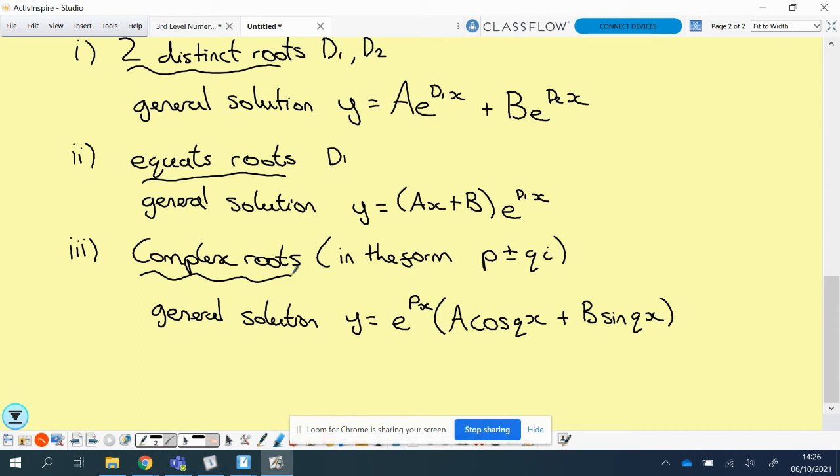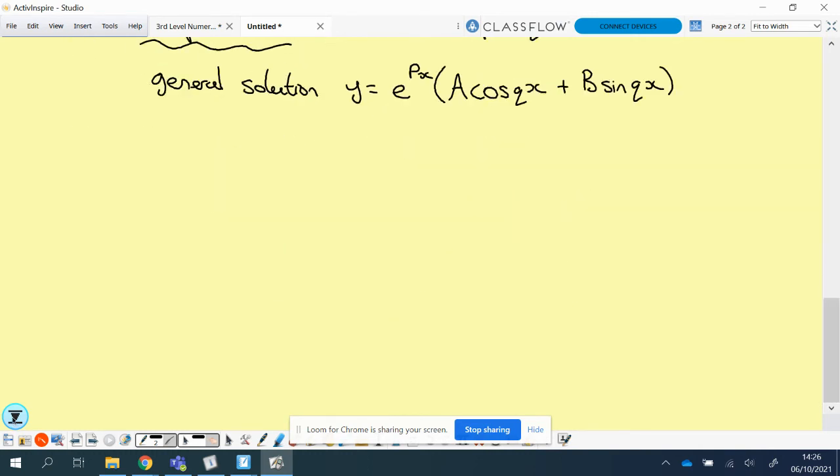Before we jump to our first example, there's one little bit of notation I still need to inform you on, which will be very important for us: the equation that we changed our original form to, the equation that was AD squared plus B times D plus C equals 0.